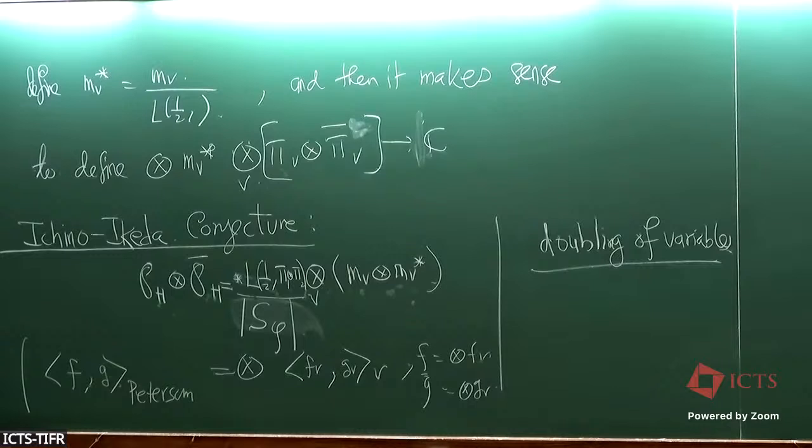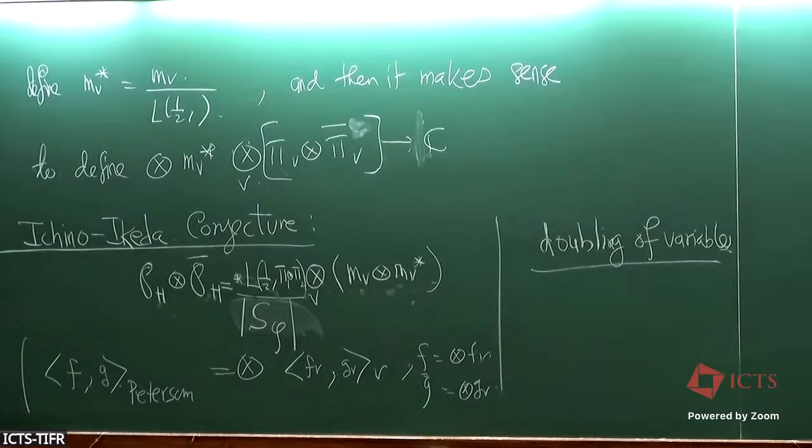So, yesterday I emphasized that to discuss any branching law, we must have a way to parameterize representations of the groups involved. So we are doing branching from one classical group to another classical group, and we must have a way to parameterize or identify representations of these groups.